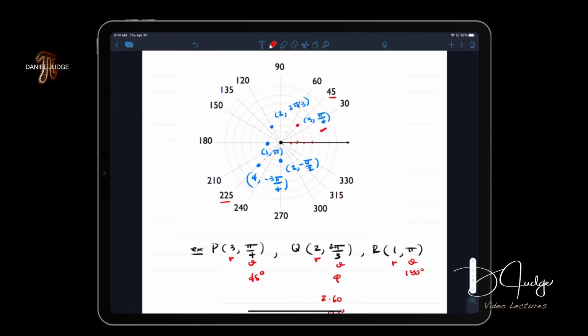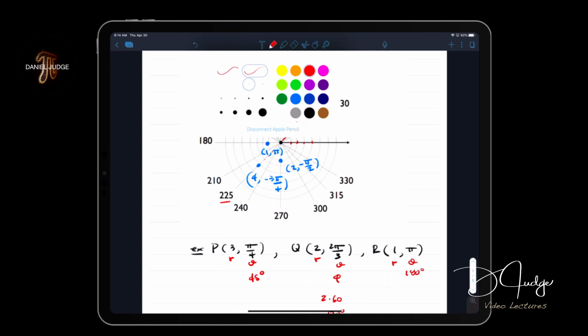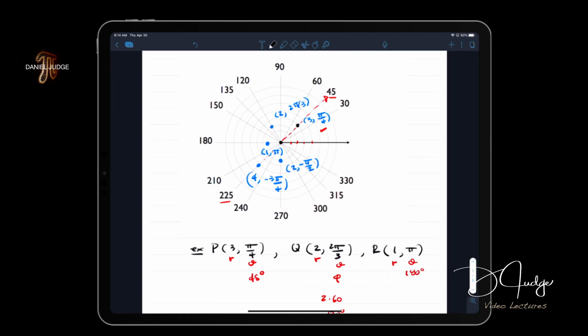If I take this point with the ray here, and I rotate that either clockwise or counterclockwise 360 degrees, I'm at the exact same location again. It doesn't matter what direction I rotate.